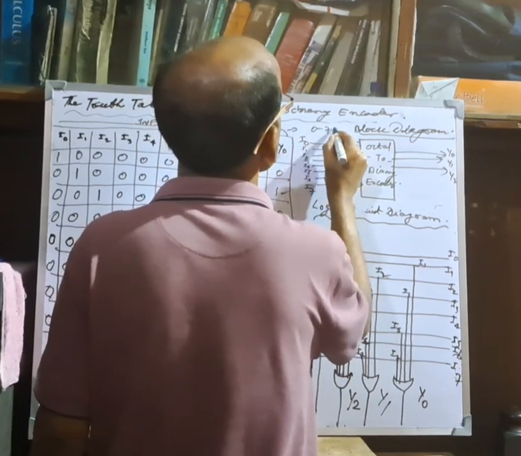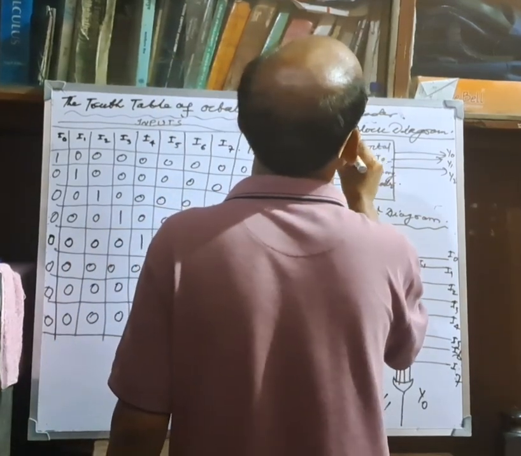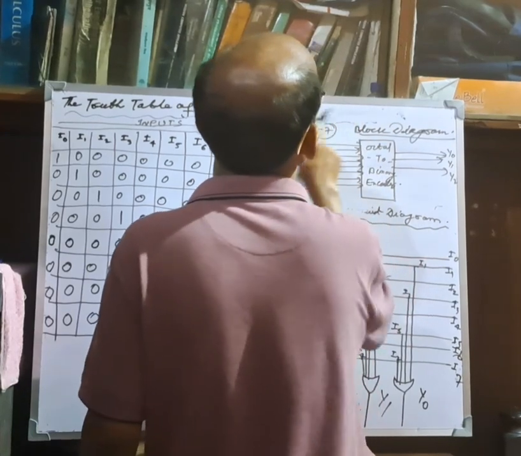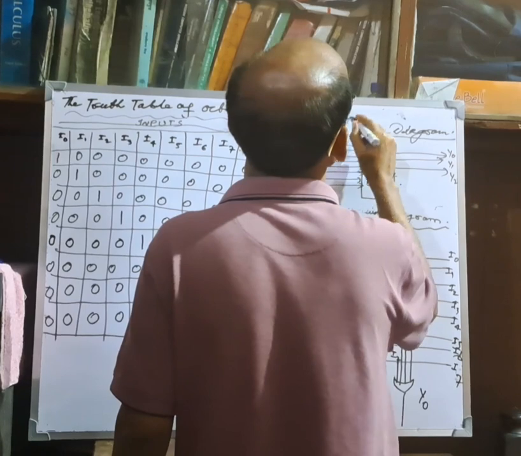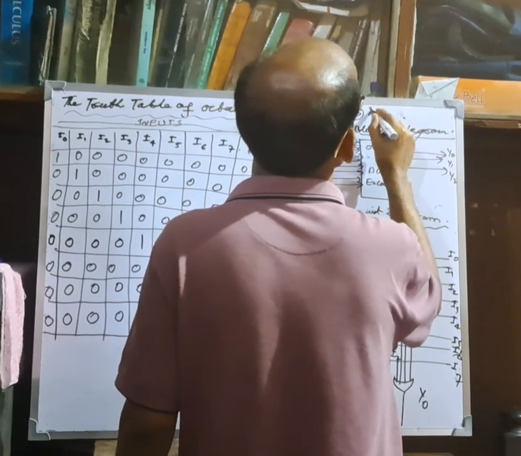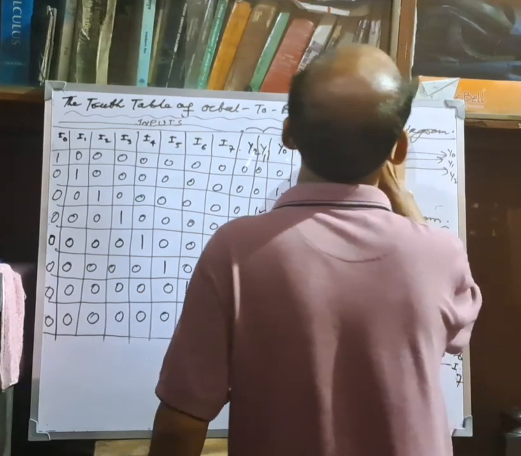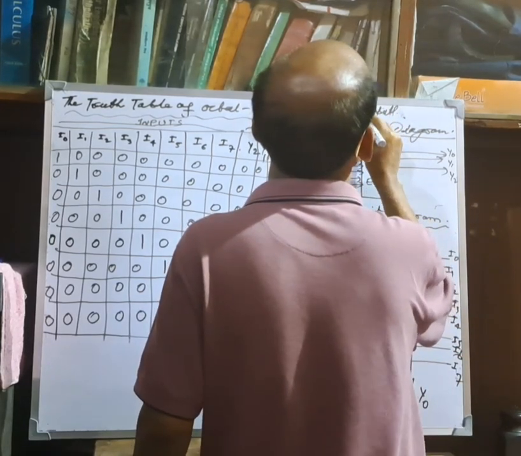It will generate the output. Clear? Here these are the inputs, 0 to 7, that means 8 inputs are required.